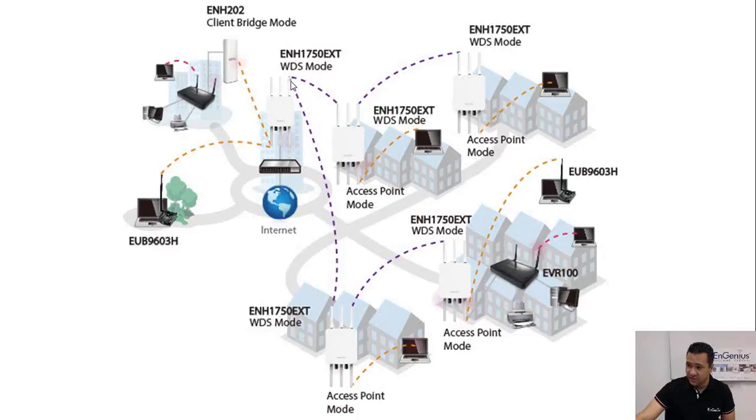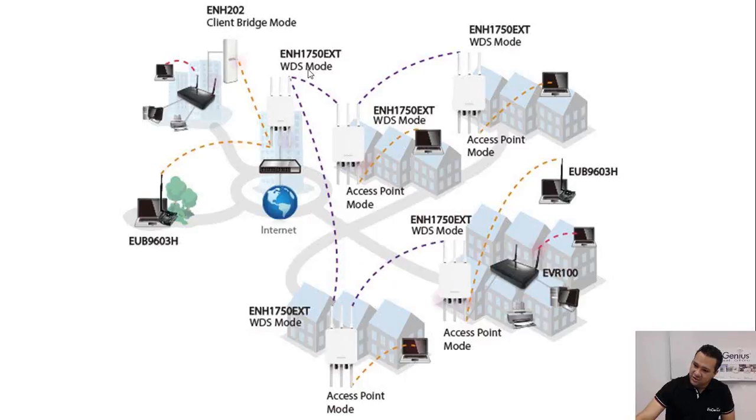This main access point has a WDS link to this access point, and this access point as well has a WDS link to this access point. This access point has a WDS link to that access point, and this access point has a WDS link to this access point.